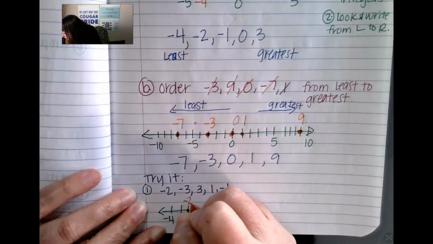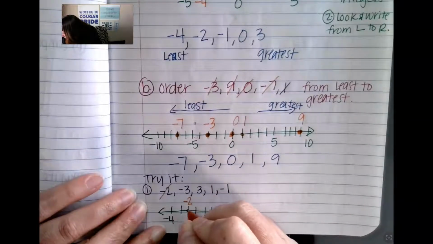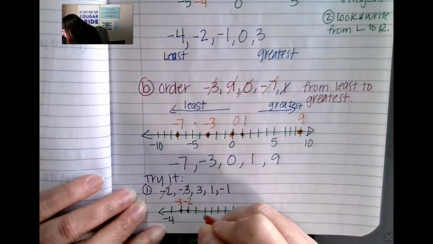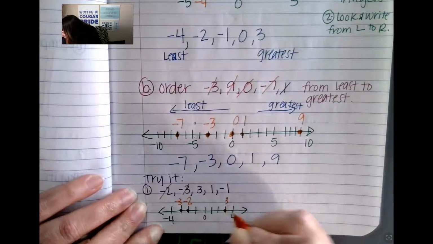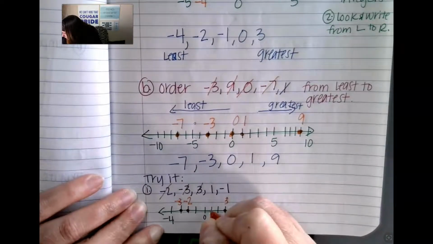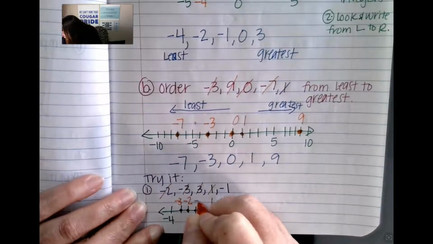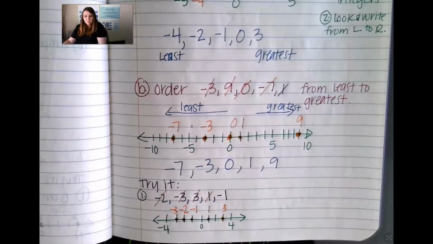This one is negative 2. Now, negative 3. Negative 1, negative 2. There's negative 3. Positive 3 is on the right. 1, 2, 3, because that's where my positives are. Positive 1 is one jump. Negative 1 is one jump to the left of 0.